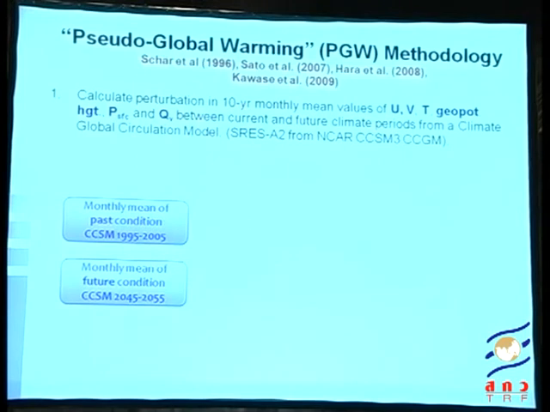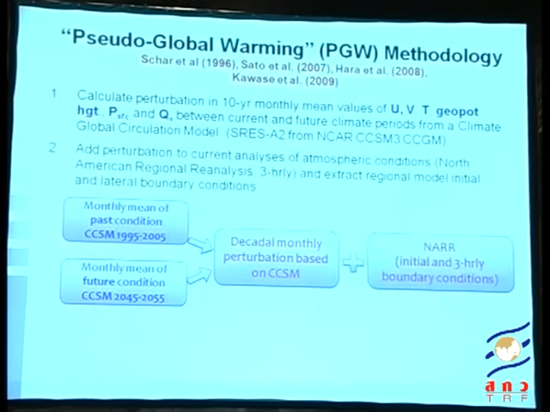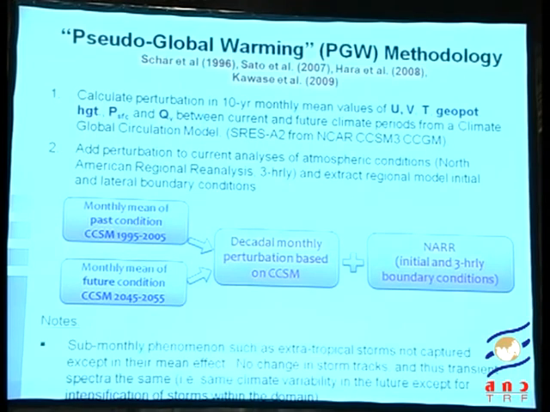So we have these monthly means, and then we formed the perturbation. So that's the difference between 1995 to 2005, and 2045 to 2055. And then we add that to the North American reanalysis boundary conditions. So this is the current reanalysis, and then we add this perturbation. So that's our climate change perturbation.